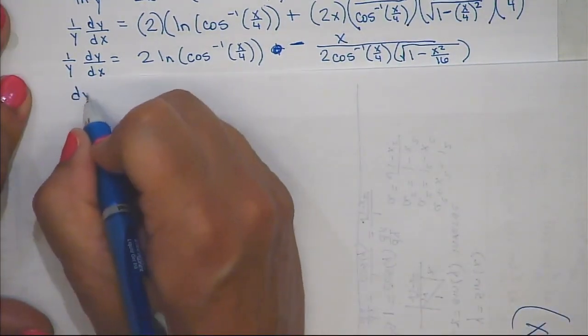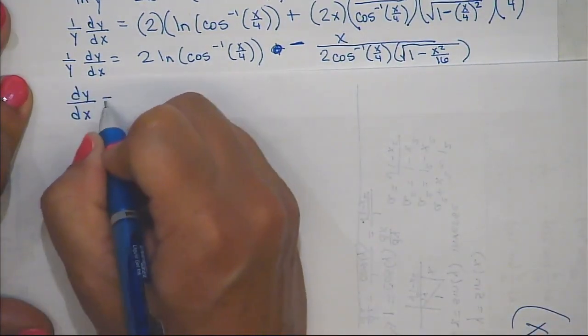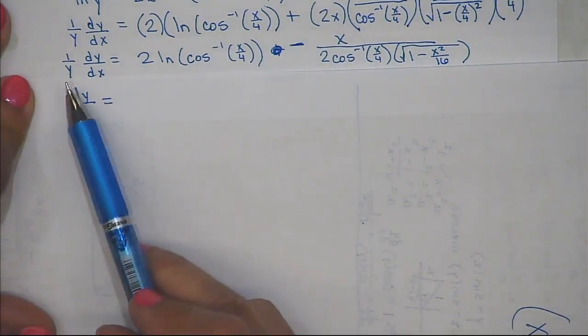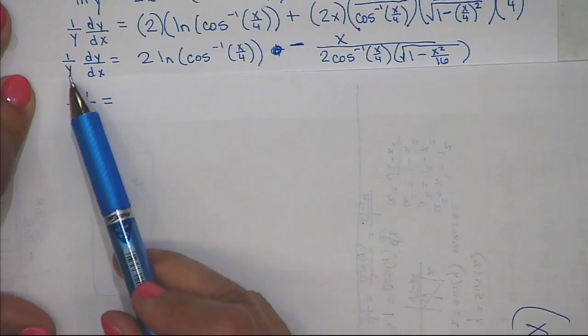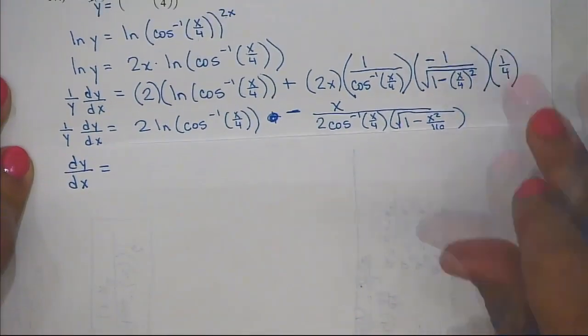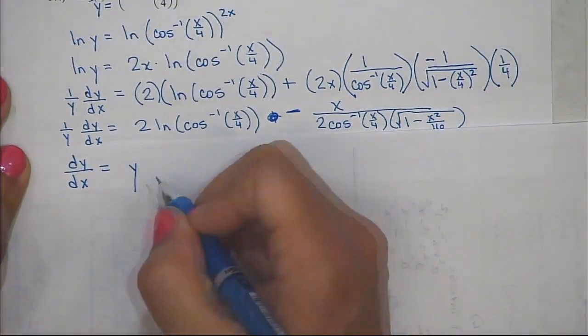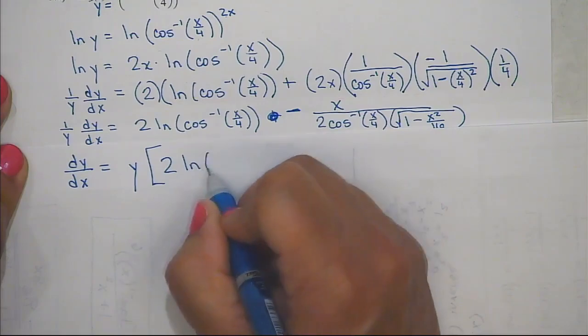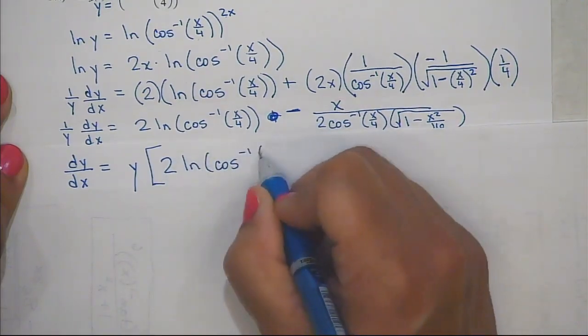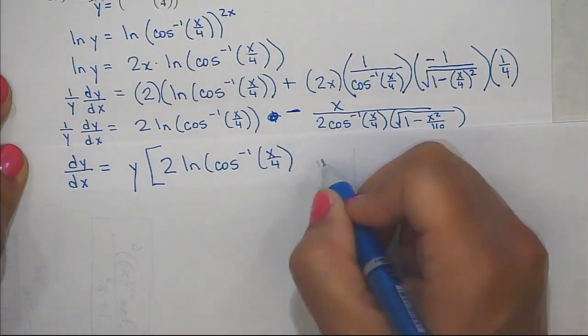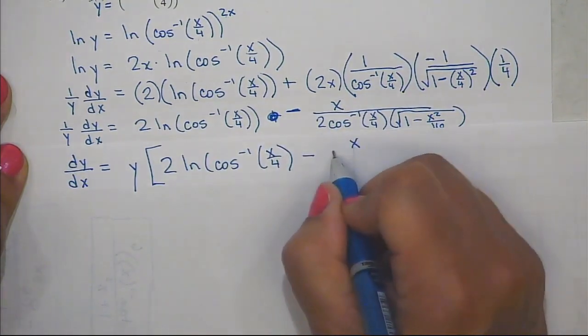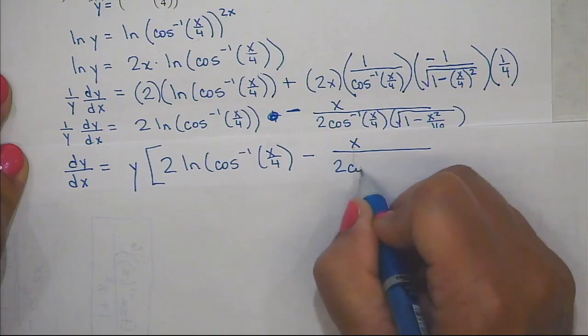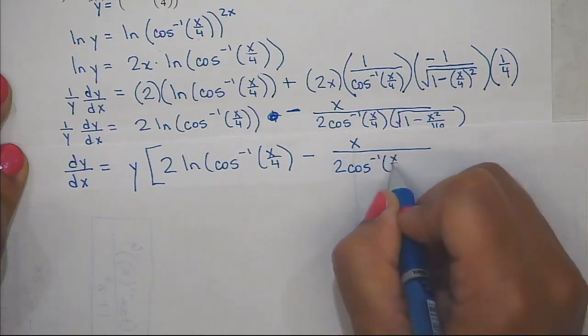So dy dx equals. So we're going to do y times this, and in place of y, you're going to replace it with the original function, right? So I'll write it twice. You don't have to. So y times this. You guys want to sub in y right away? You can. I would do that if I were you. If you like all the steps, then write all the steps.